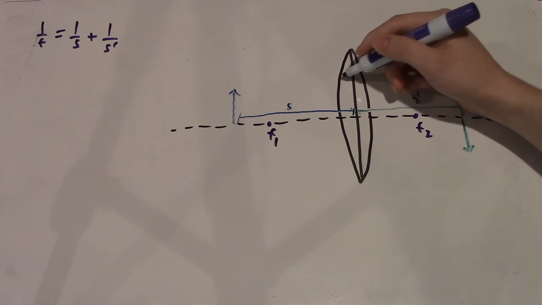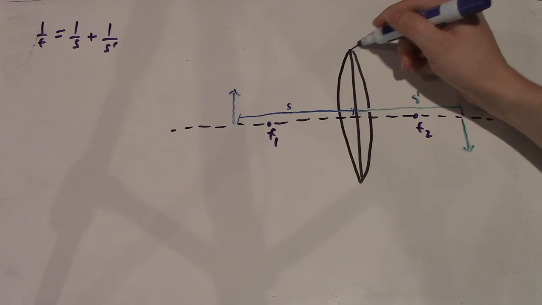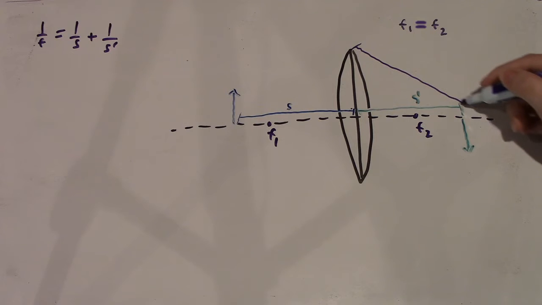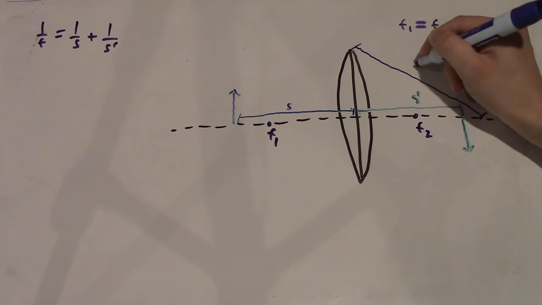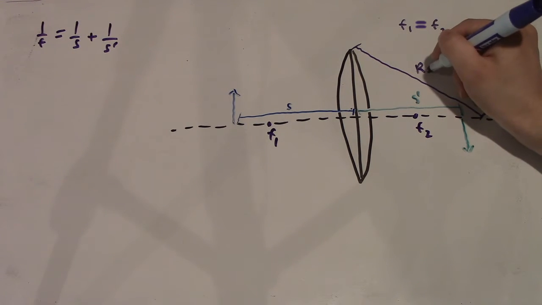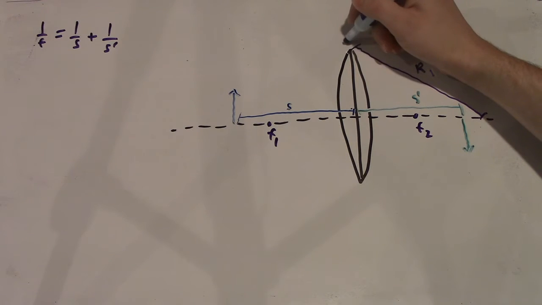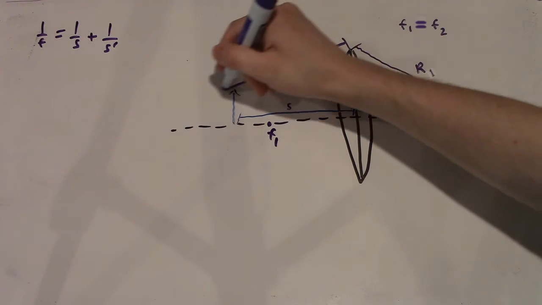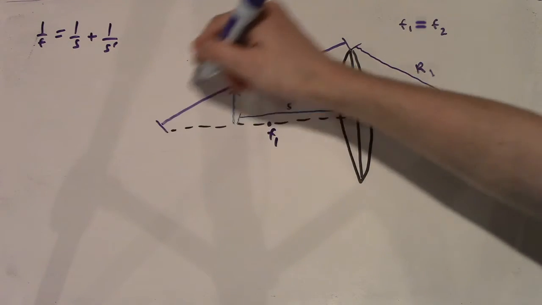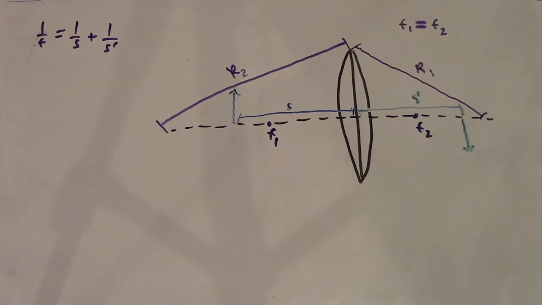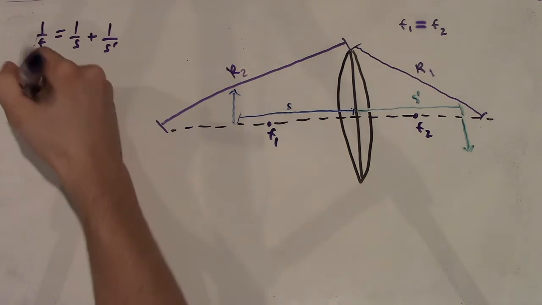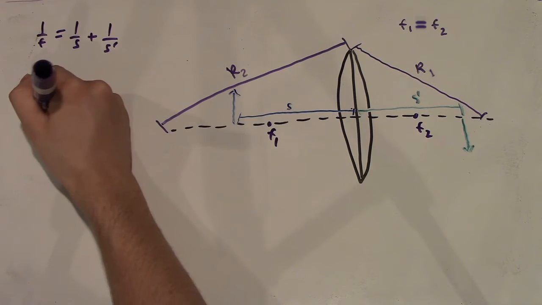The equation states that 1 over f equals the index of refraction of the material, minus 1, times 1 over the radius of the first piece of glass, minus 1 over the radius of the second piece of glass. Radii in front of the lens are negative, while those going behind the lens are positive.